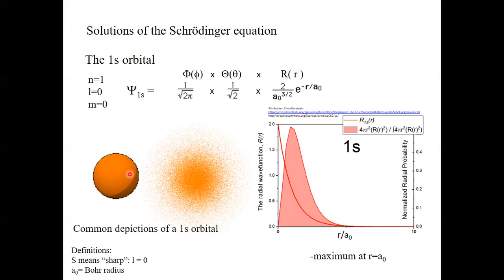But we are also interested in the probability to find the electron at a particular distance, on a particular radius, around the atom, okay?